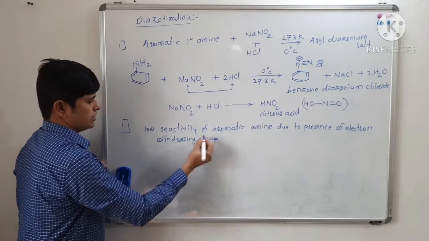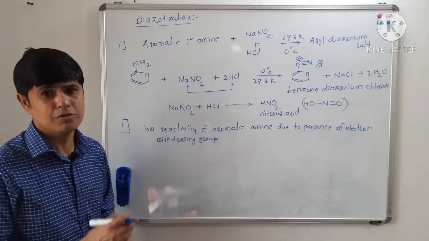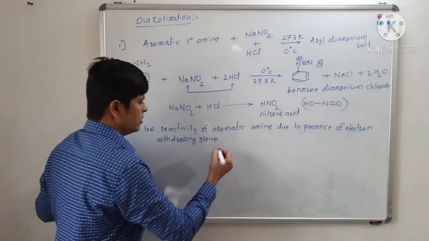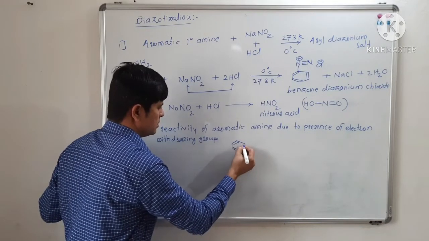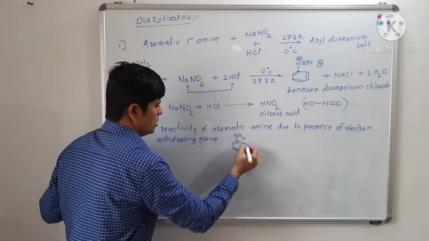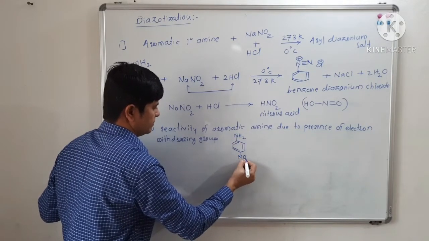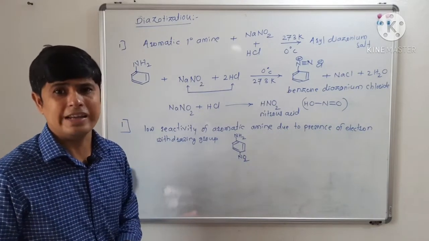Have you understood this? Low reactivity of aromatic amine due to presence of electron withdrawing group. For example, para-nitroaniline or 2,4-dinitroaniline.